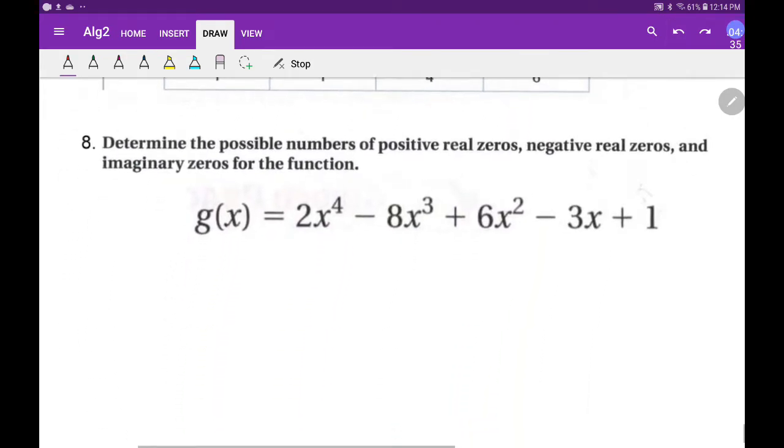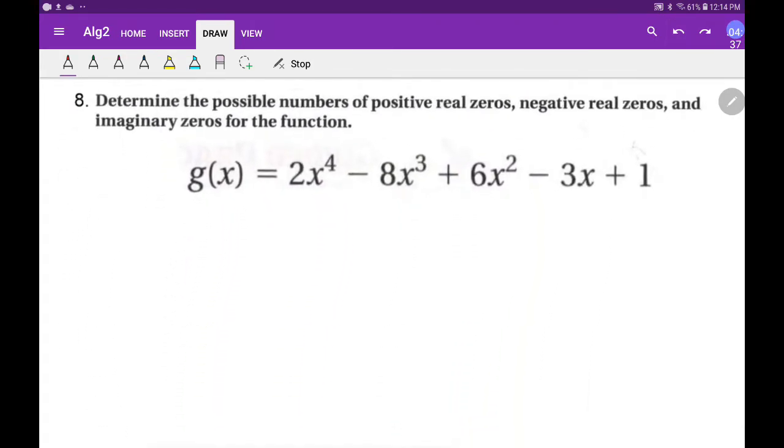So determine the possible number of positive real zeros, negative real zeros, and imaginary zeros for the function. Okay, so remember, this is possible. All right, so what do we have here? We have from positive to negative, from negative to positive, from positive to negative, back to positive. So that's 1, 2 changes, 3 changes, 4 changes.